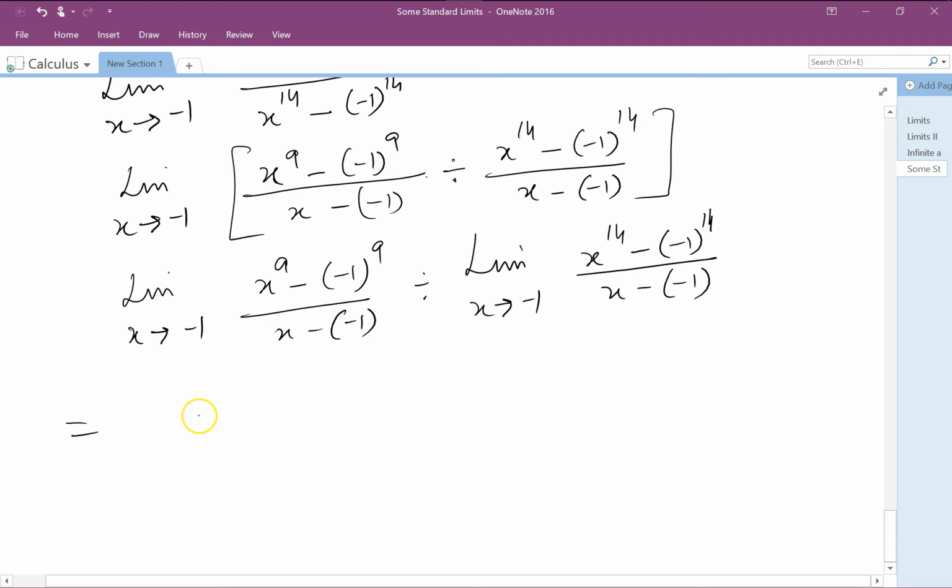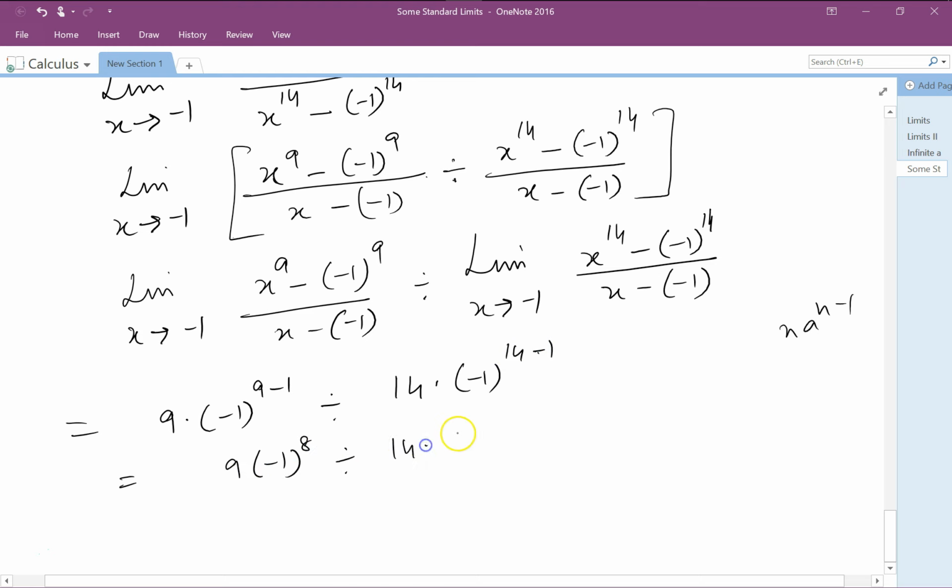So n a to the power of n minus 1. So here n is 9, a to the power of 8. A is what here? A is minus 1, to the power of 9 minus 1, divided by the same thing. So n is 14 times minus 1 to the power of 14 minus 1. So this becomes 9 times minus 1 to the power of 8 divided by 14 into minus 1 to the power of 13.